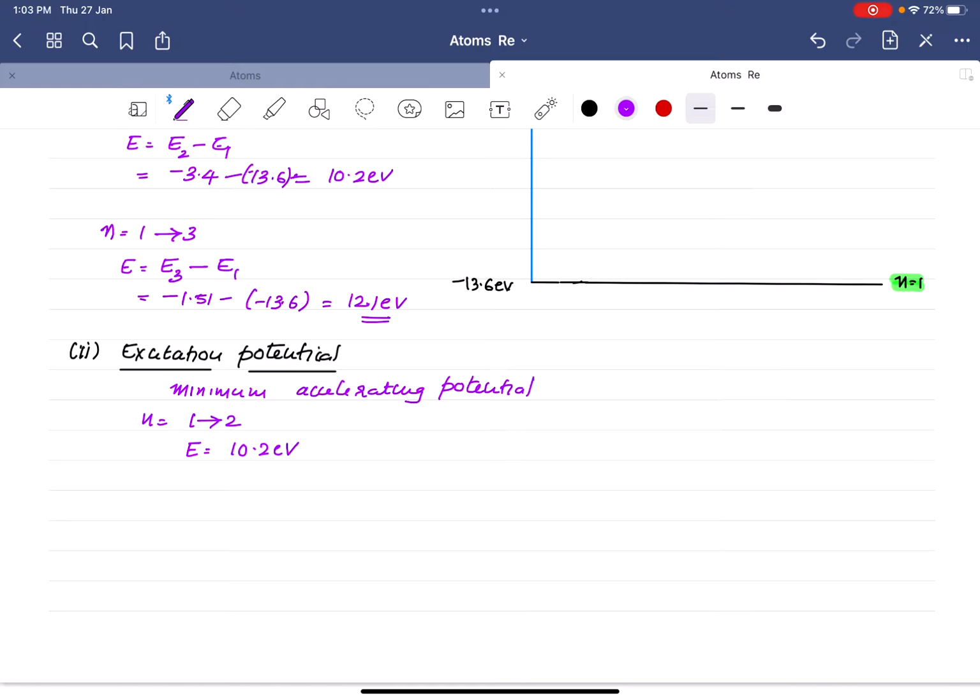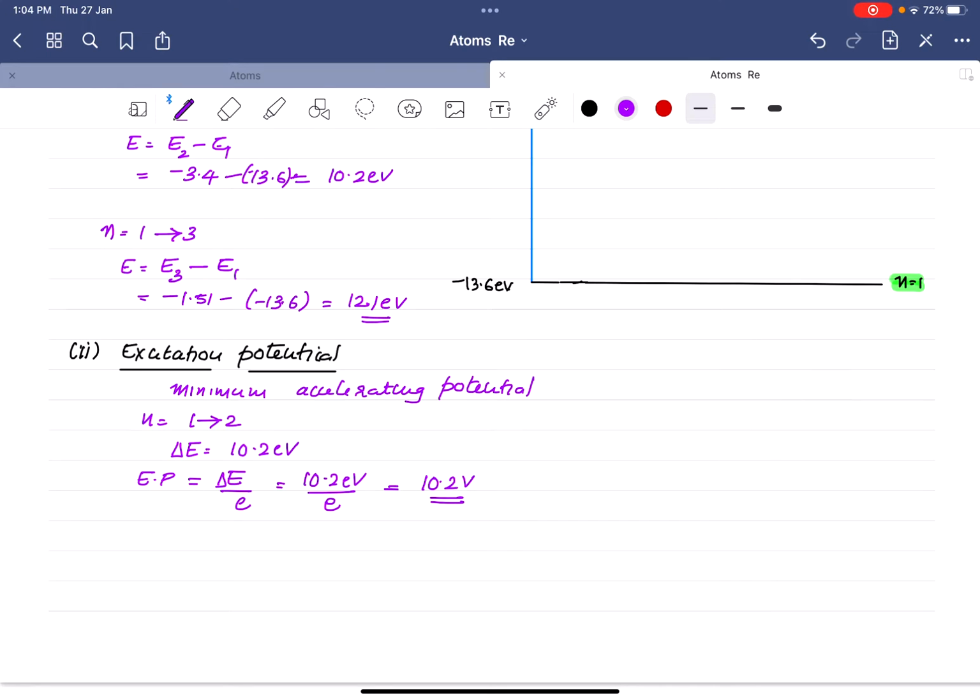If you want to calculate excitation potential, the excitation potential I will write as EP. That will be equal to whatever energy you have calculated in electron volt, or the energy difference you have calculated in electron volt, that has to be divided by the charge of electron. So that will be equal to 10.2 electron volt divided by e. So this will be equal to 10.2 volt.